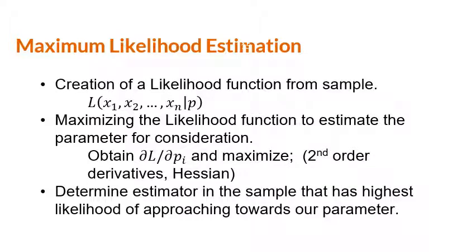Then we take second order derivatives to determine if it's really a maximum. If our function is a function of a single variable, the second derivative should be negative so that the concavity is negative, or opening down, so that we are sure that there is a local maximum.